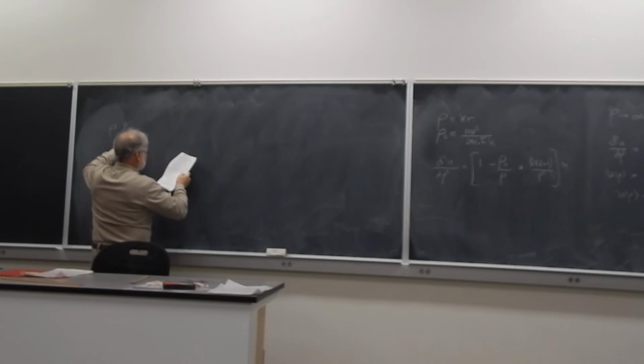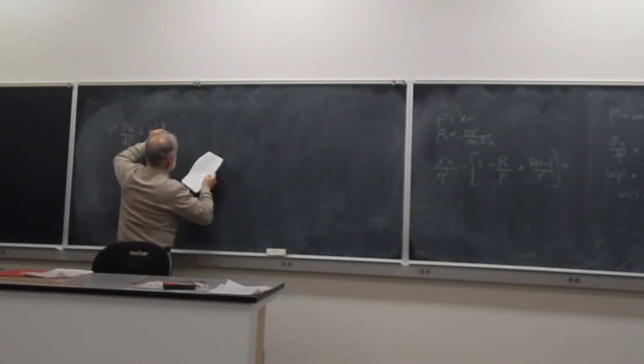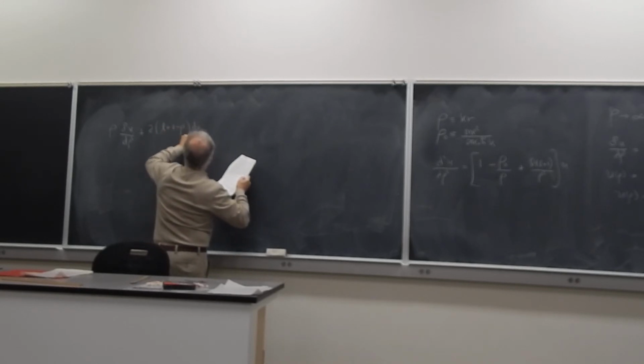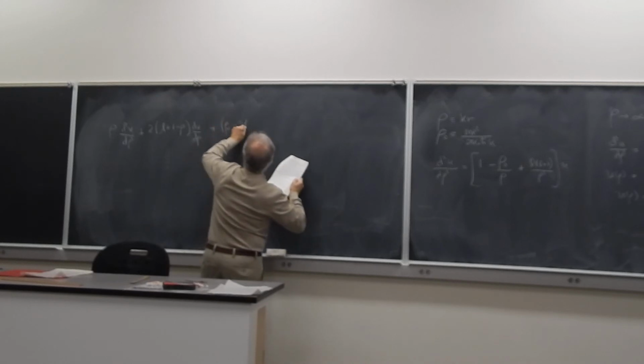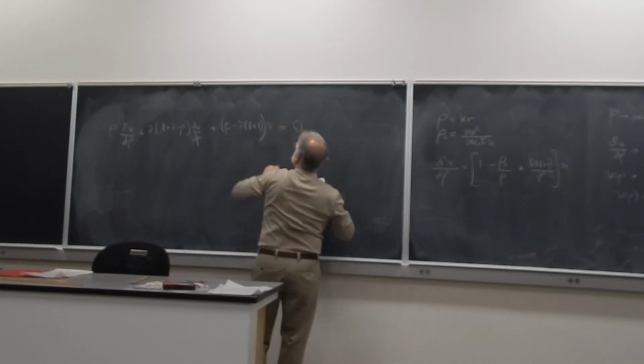Rho times the second derivative of v with respect to rho, plus 2 times (l plus 1 minus rho) dv d rho, plus (rho naught minus 2 times (l plus 1)) times v equals 0.